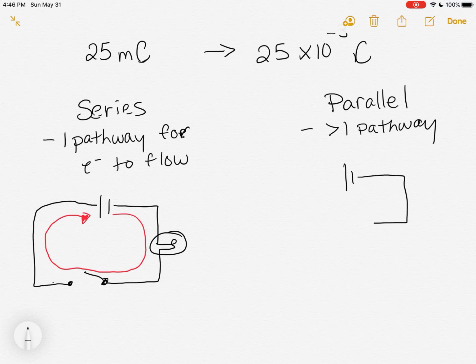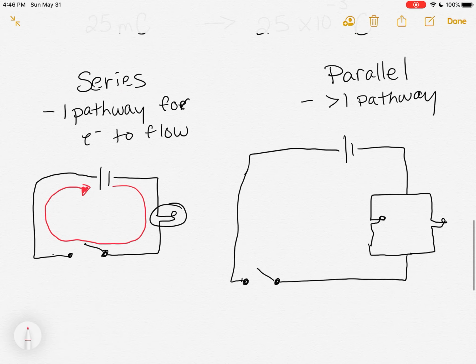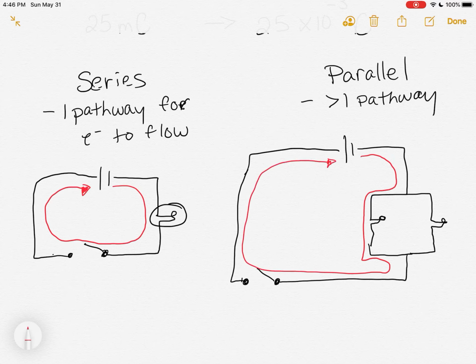In a parallel circuit, there's going to be more than one pathway. Here, we'll put an open switch in this one too. So in this parallel circuit, we can have the electrons flowing through and they can go through this first light bulb and then back around to the battery.